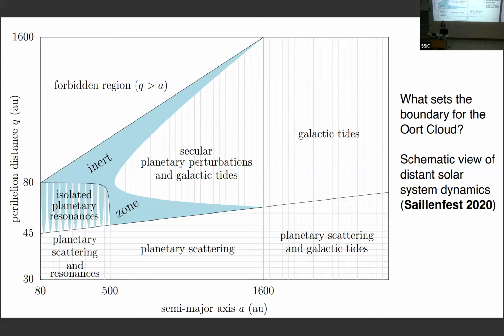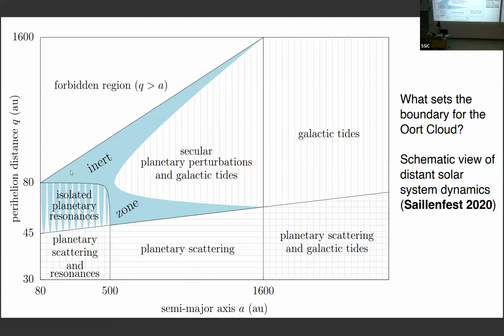You can also have passing stars and other things that are happening. So the dynamics out here are dominated not by the solar system itself, but by external perturbations. You can get a mix of both external and internal perturbations at lower perihelion. When you are more tightly bound to the sun at lower semi-major axes and low perihelion, you're dominated by those direct interactions with the planets.